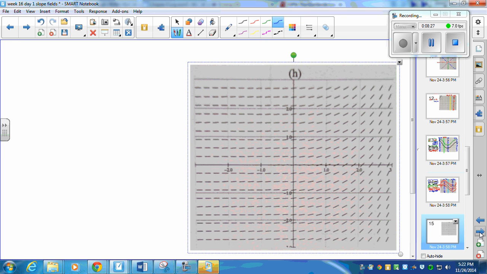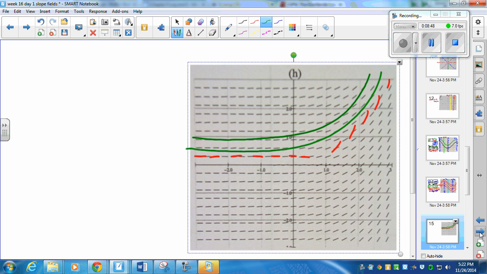Okay, let's take a look at one like this. Now this guy, H, there's a lot going on in H, okay? It seems to be flat, flat, flat, flat, flat, flat, flat, and then it starts to ramp up. Like any path that I chose here, boom, boom, boom.